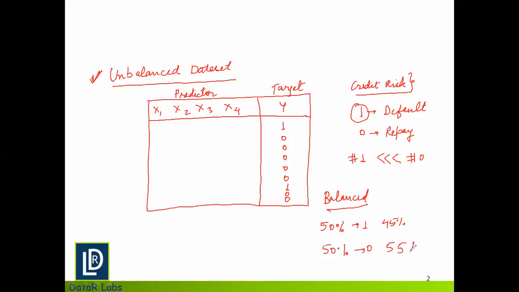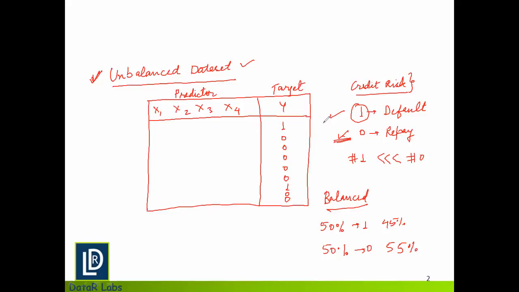Still, they're very close to being called a balanced data set, as opposed to this unbalanced data set, where in a typical case of credit risk, I'll have around 90-95% of people who are repaying the loan back. So I'll have around 90-95% of zeros, and I'll just have around 5 to 10% of ones in the data set. So this is a highly unbalanced data set.